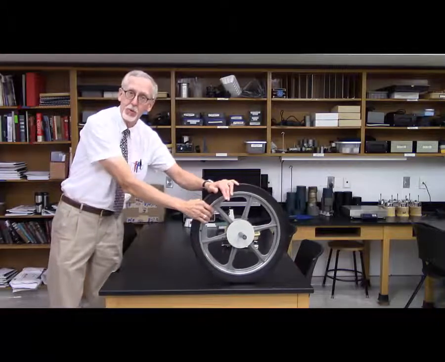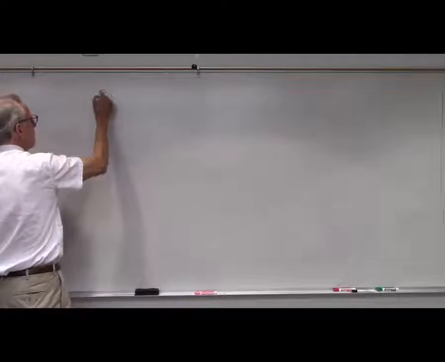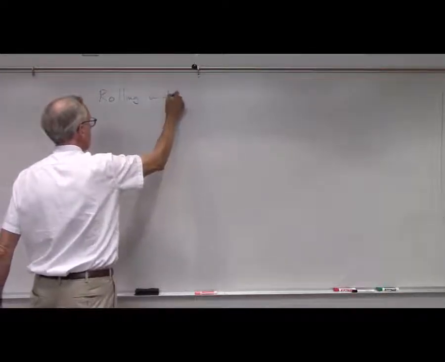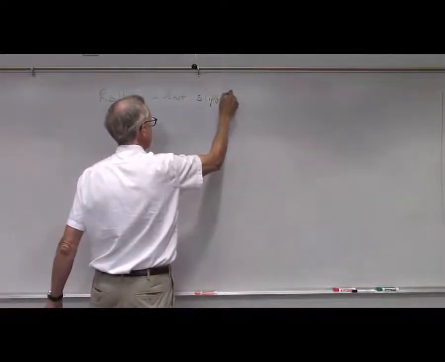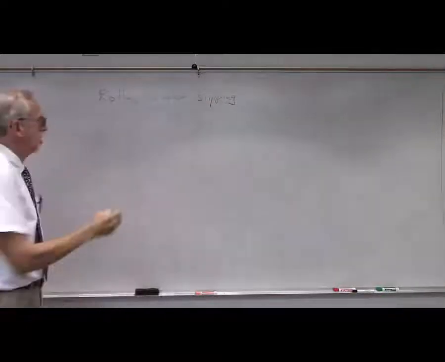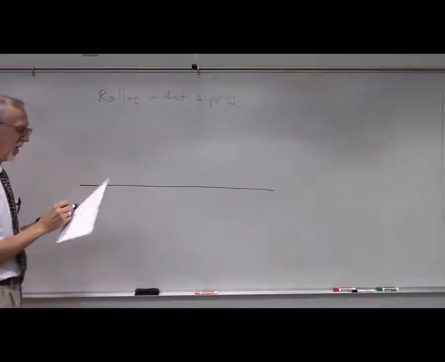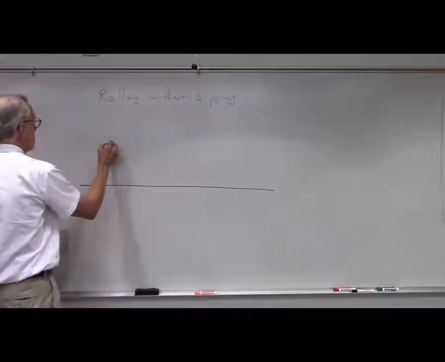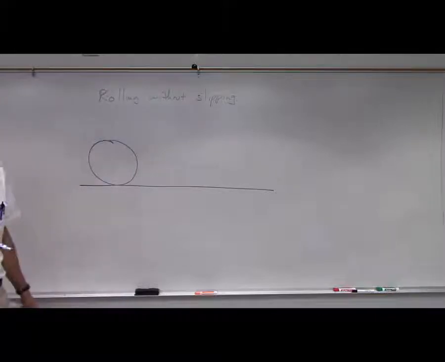Okay, back to the board. So what we're going to do is look at rolling without slipping. Now, let's draw a picture here. Let's say here's the ground, and I'm going to draw our wheel over here, in contact with the ground.